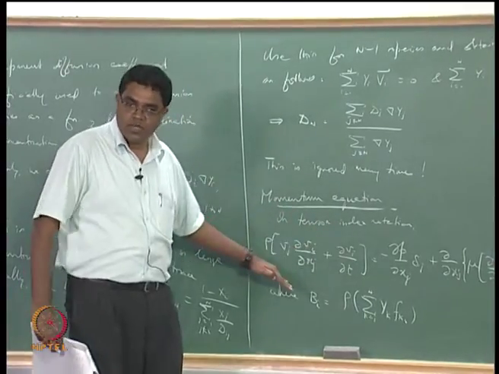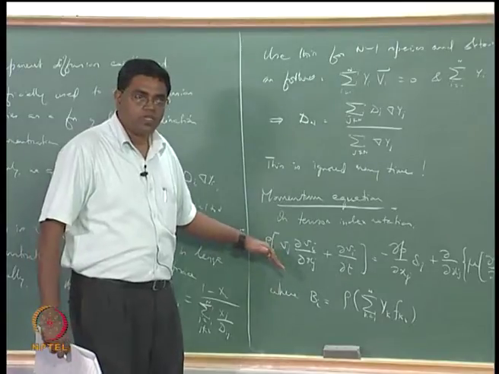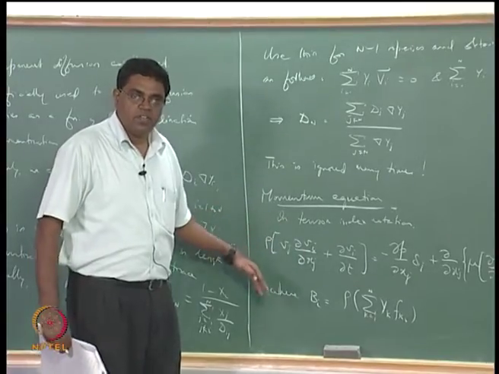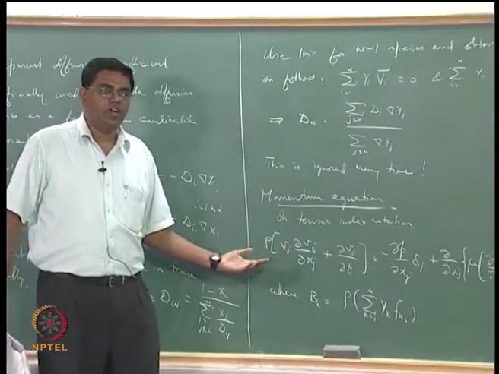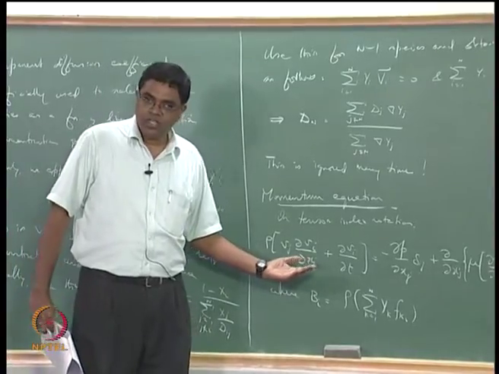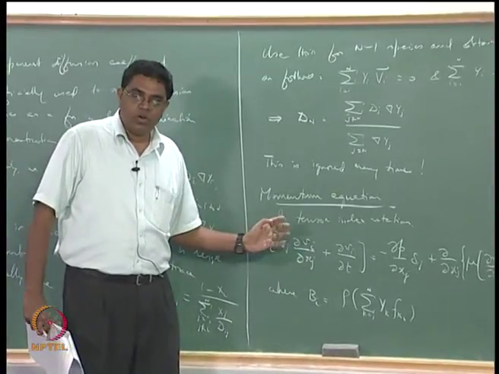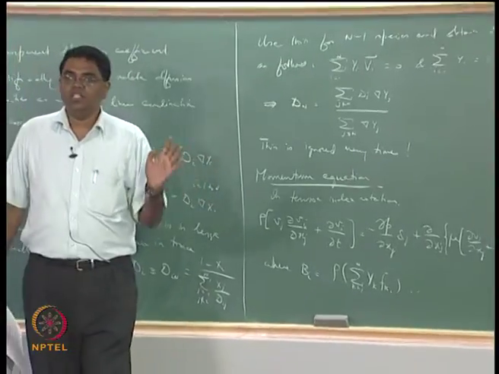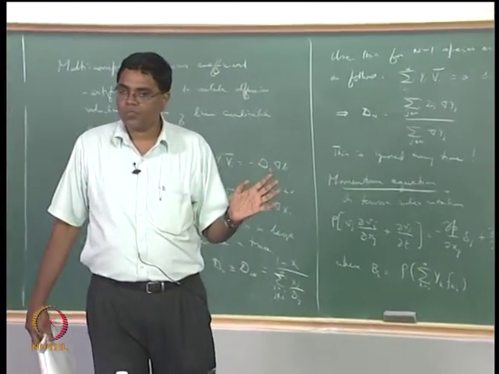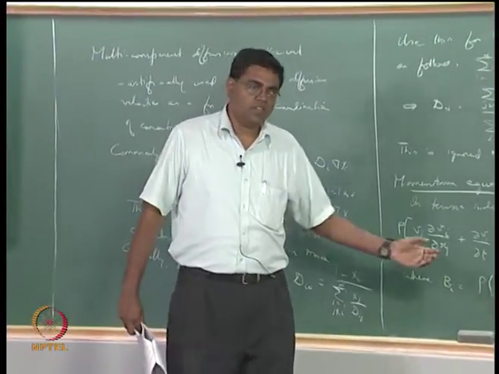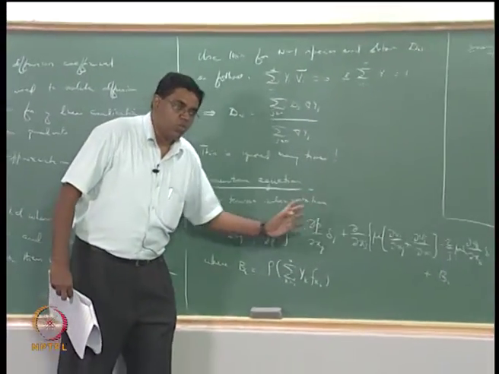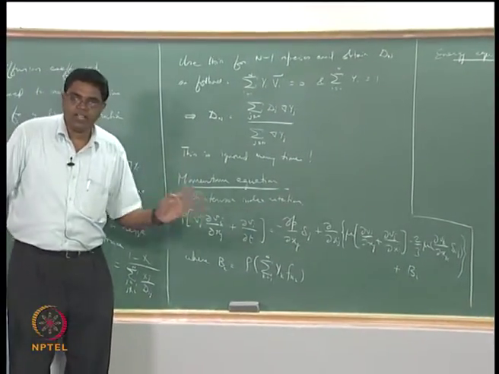This is a vector equation, so you take a dot product of this equation with velocity, and you now get this in dimensions of energy, and that would be what is called the mechanical energy equation. That means this equation will only deal with the mechanical energy.